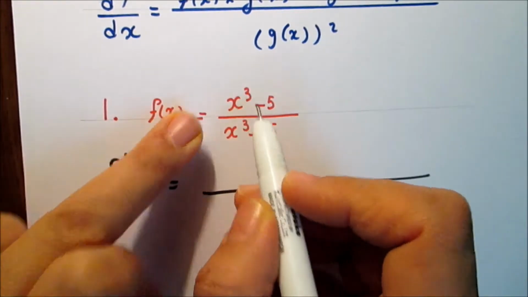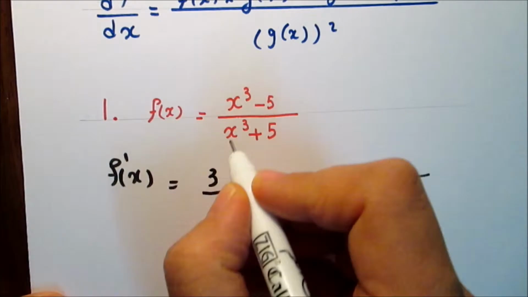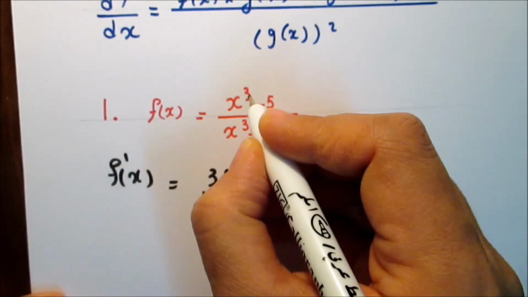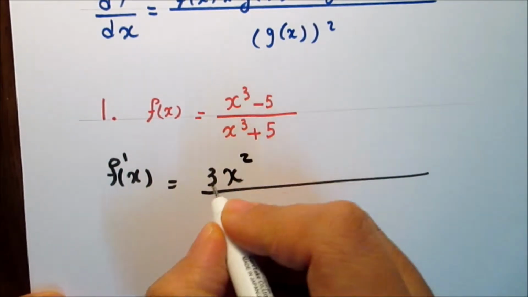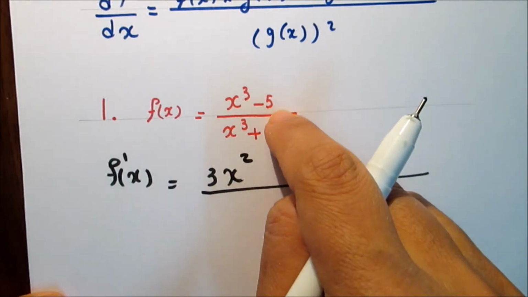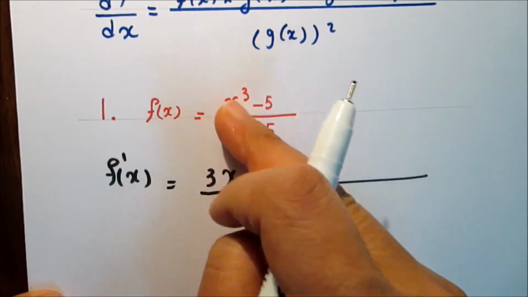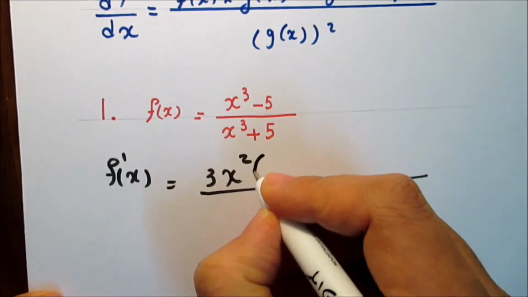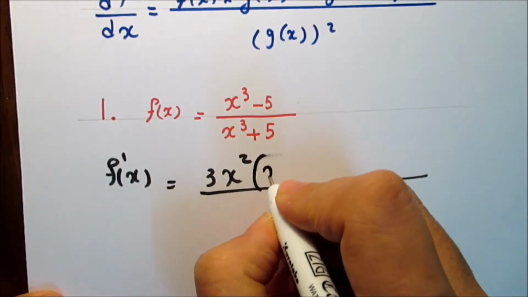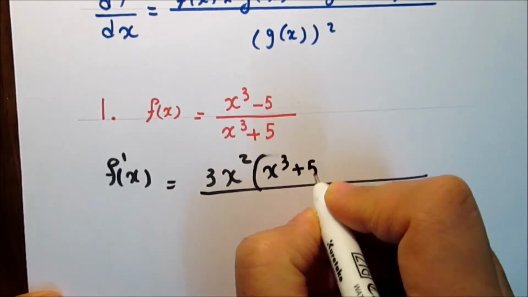We have x cubed, start by the exponent 3 times x to the power 3 minus 1 to be 2, so 3x squared. 5 is a constant term, so the derivative is 0. This is the derivative of the numerator. Now multiply by the denominator, x cubed plus 5.